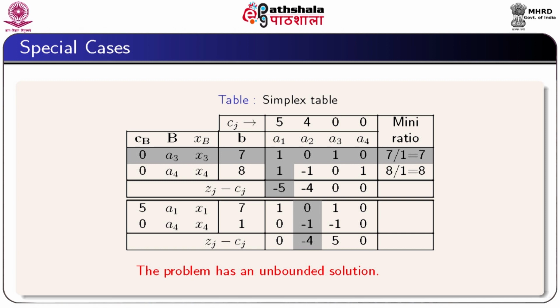In the second iteration, we find that z2 minus c2 is the only negative, thus a2 will be the entering vector. But a2 has two components, one is 0 and another one is minus 1. That means that we are unable to select a key element. Thus, the problem has an unbounded solution.